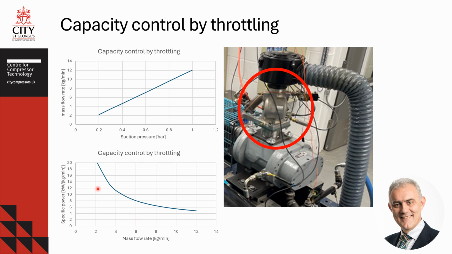The specific power at 20% capacity has increased 5 times compared with the nominal specific power at maximum capacity. Despite that, the total power consumption at the minimum flow is small, and therefore this is still a viable method to control capacity of smaller industrial and domestic air compressors.